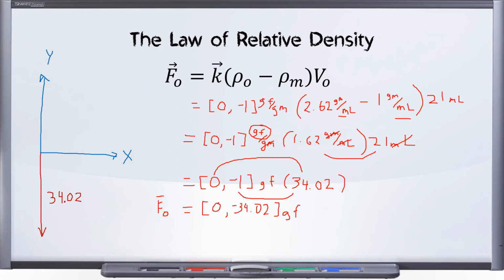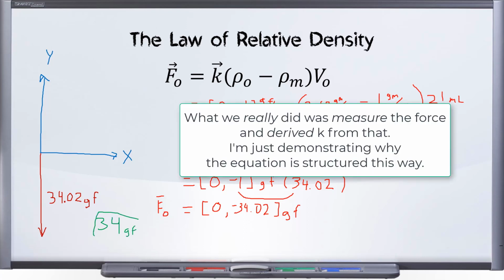Okay, we got 34.02 grams of force. I'll put that there too. Grams of force as measured. What did we measure on our scale, right? We measured this on the scale. What did we get? If you review and you remember, we got 34 grams of force is what we measured, and that works, right? This works. That is why the equation is written that way.